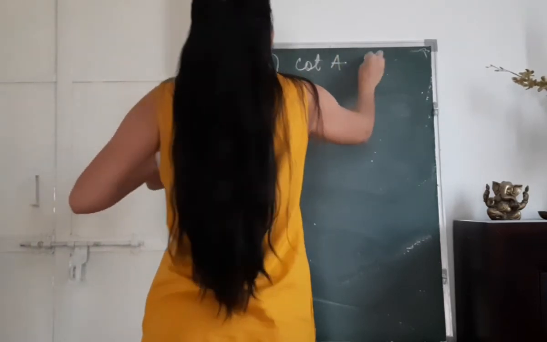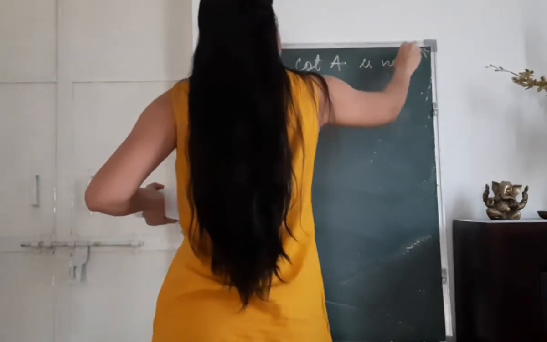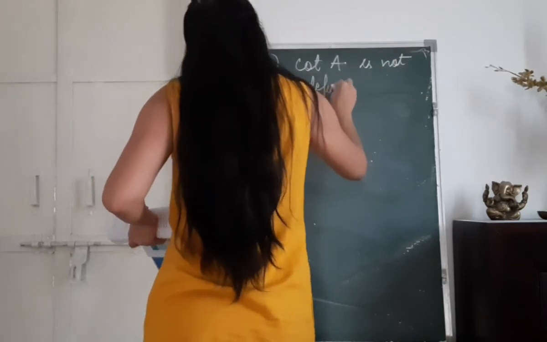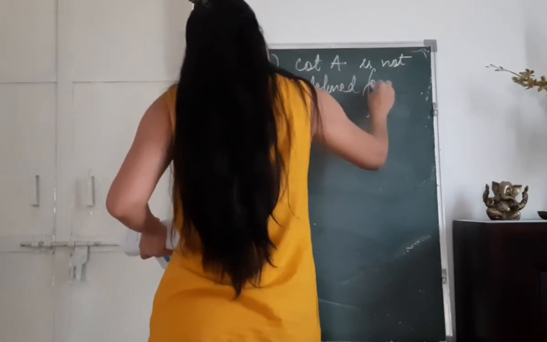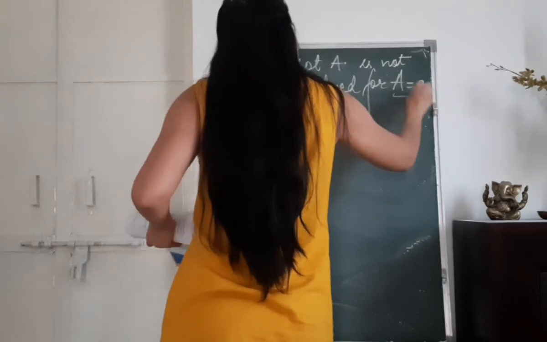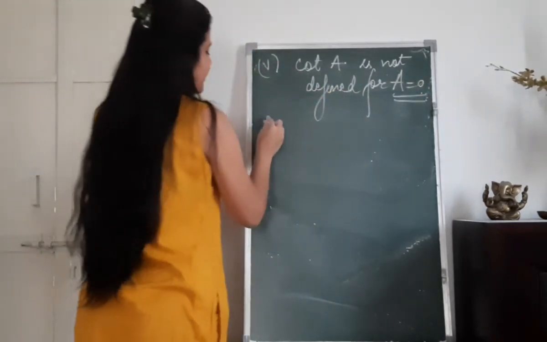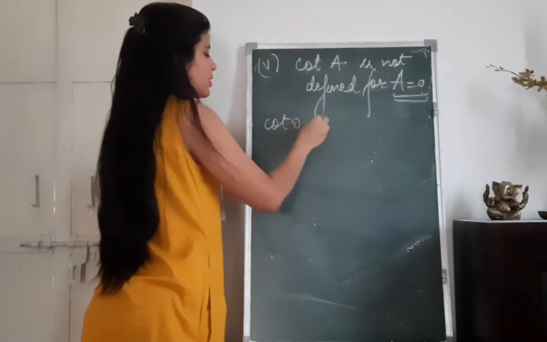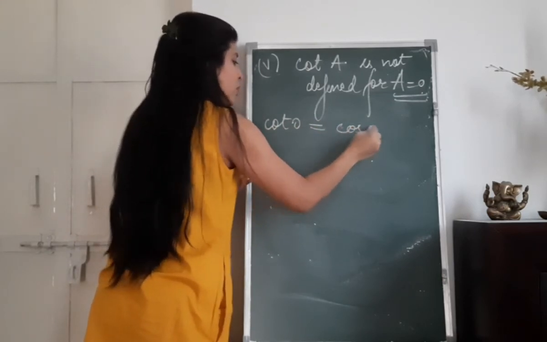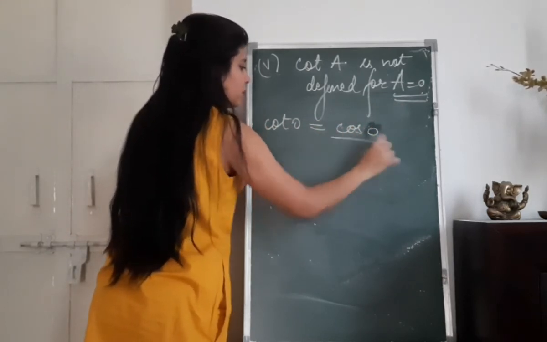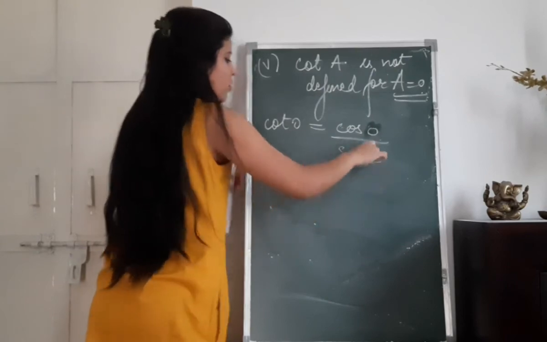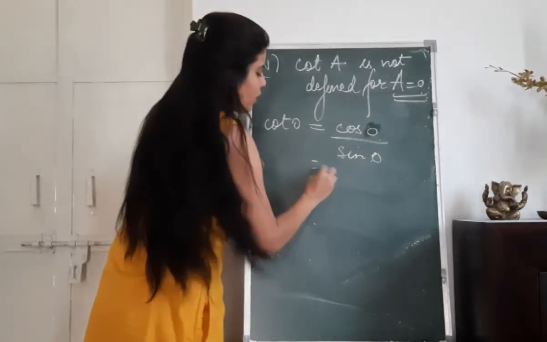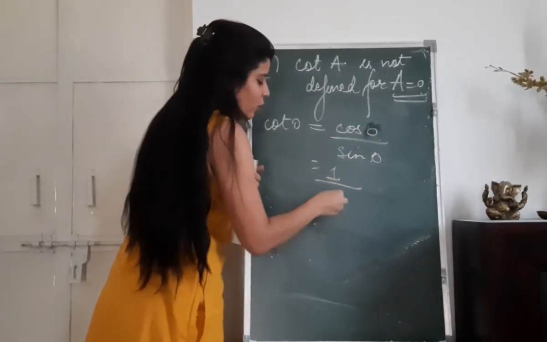Cot A is not defined for A equal to 0. That is, it is asking for cot 0. Cot 0 is equal to what? Cot 0 is cos 0 upon sin 0. What is cos 0 equal to? 1. What is sin 0 equal to? 0.